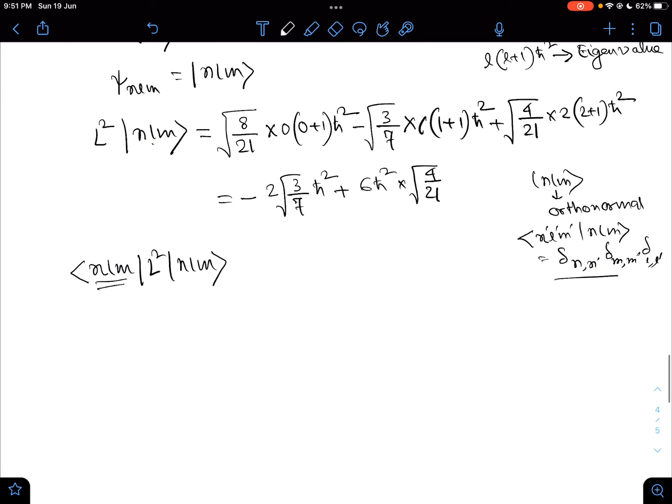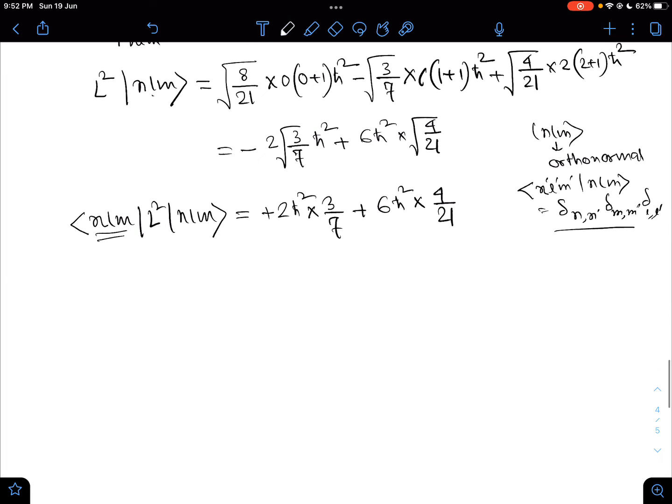From this relation we will find this quantity to be minus 2 h cut square into 3 by 7, plus 6 h cut square into 4 by 21.